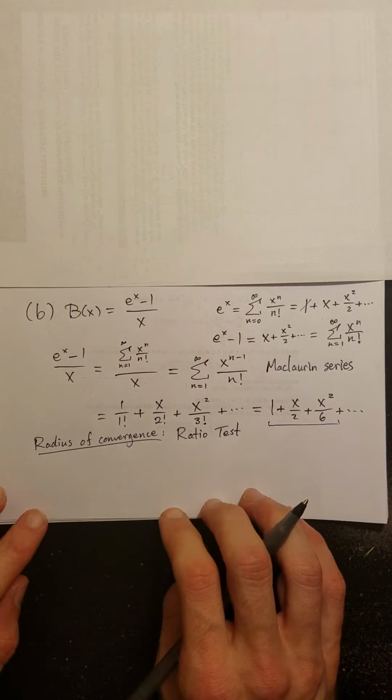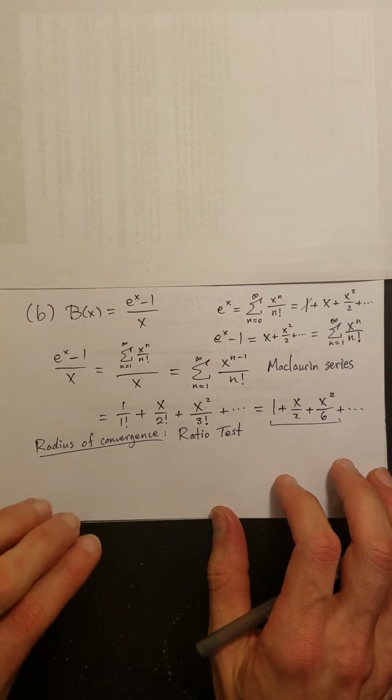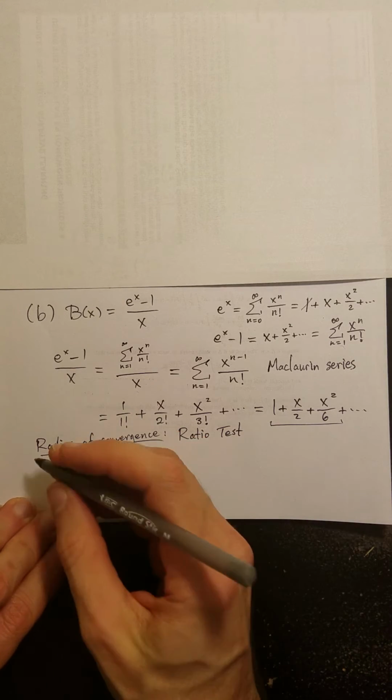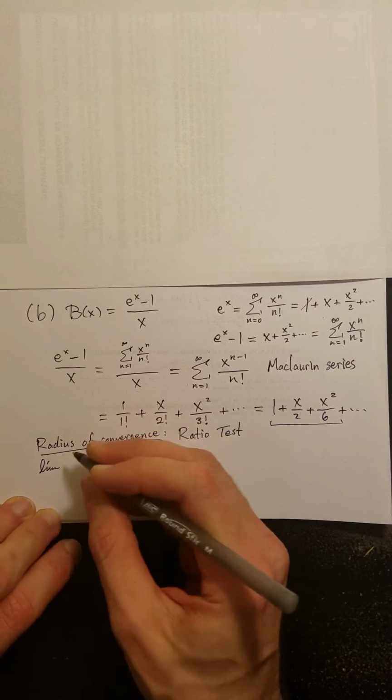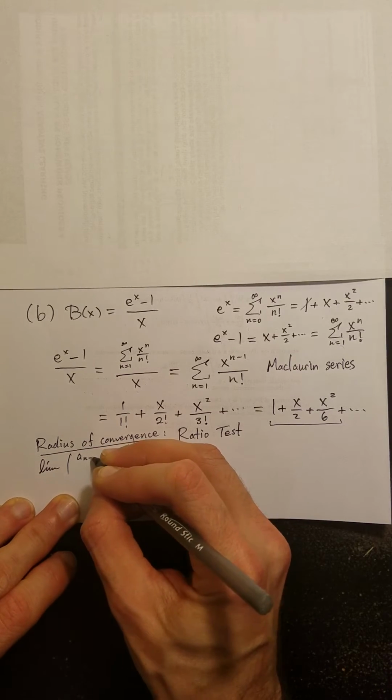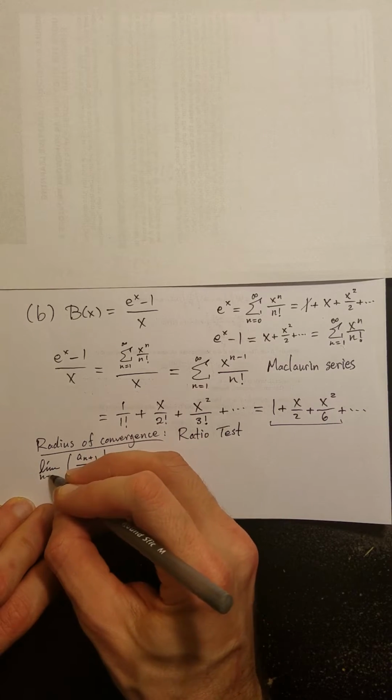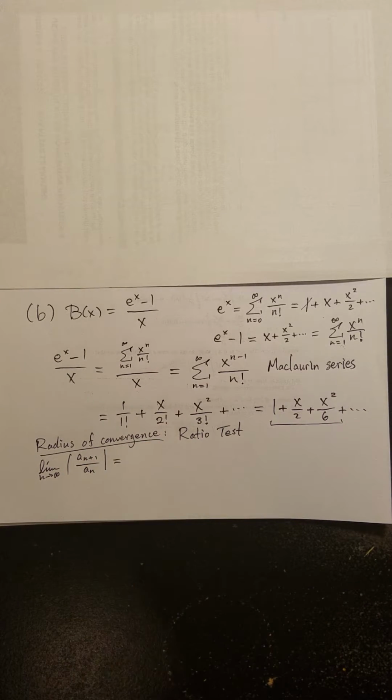Okay, cool. So I need to look at the ratio of the nth term to the n plus first term. So a n plus 1 divided by a n. See what this limit is as n goes to infinity.